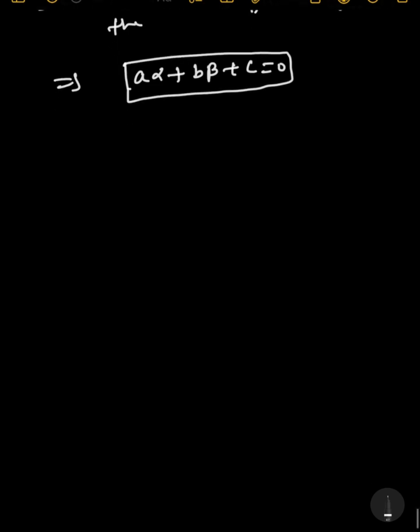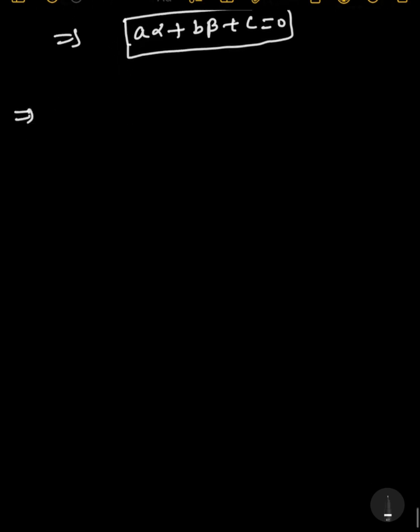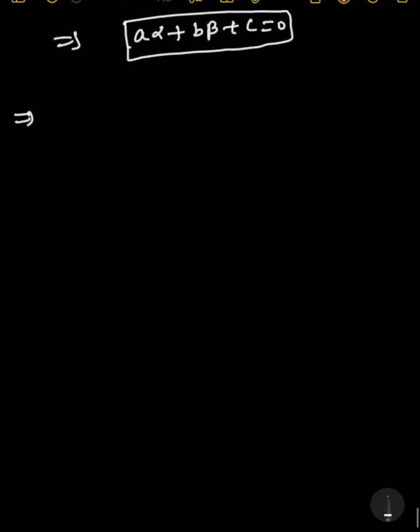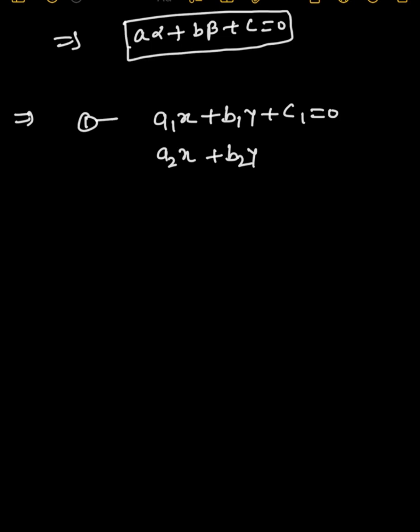Now next topic is simultaneous linear equation in two variable. This means what? There will be two equations. Suppose first one is a1x plus b1y plus c1 equal to 0, and second one is a2x plus b2y plus c2 equal to 0.